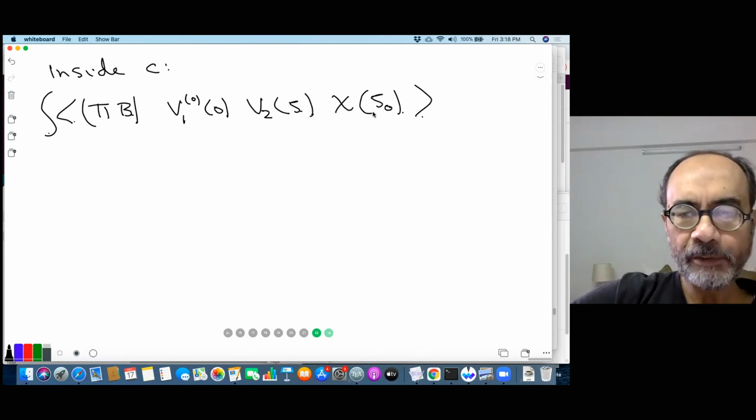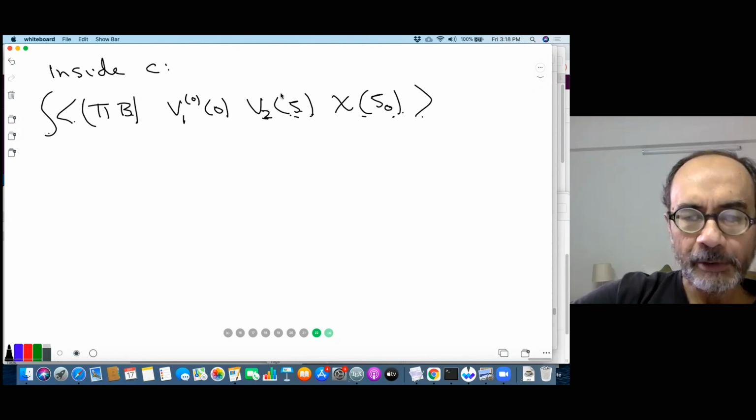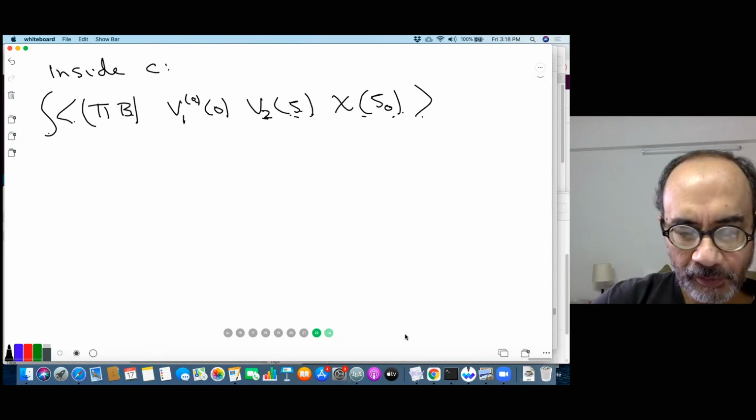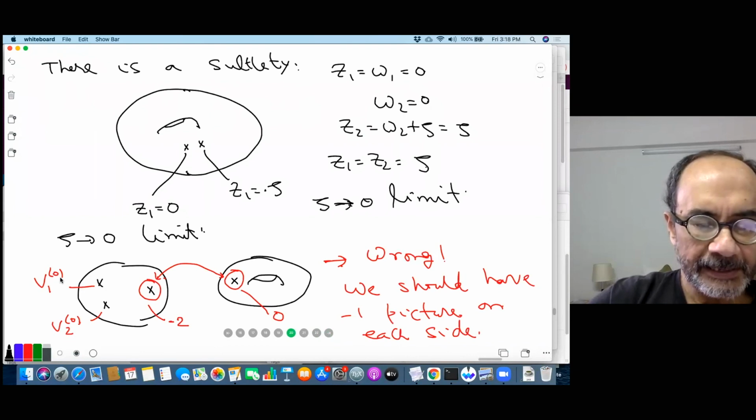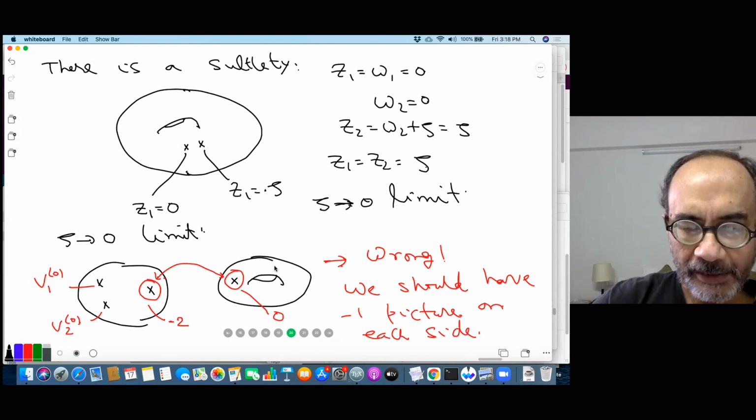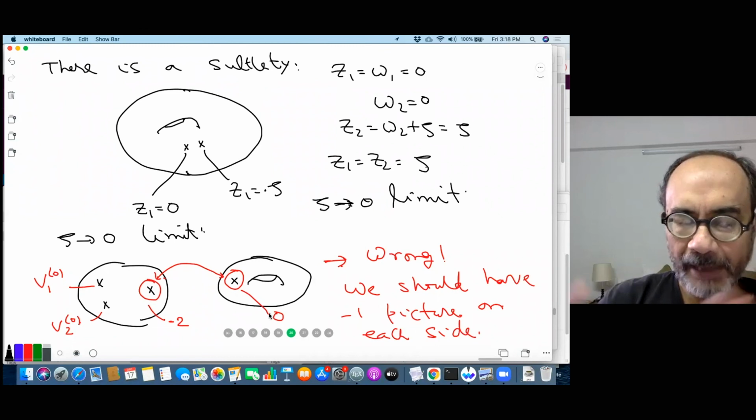So inside C, we have to move the PCO. So you liberate V2, this goes back to the -1 picture. And you move the chi to some far away point. And now you see there is a problem, because when V10 and V2 come together, if you go back to the previous picture, now this is in the 0 picture, but this has become in a -1 picture. So now this is in the -1 picture, and one PCO, that zeta naught, has gone into the torus somewhere. So this can be in the -1 picture, so everything becomes fine.